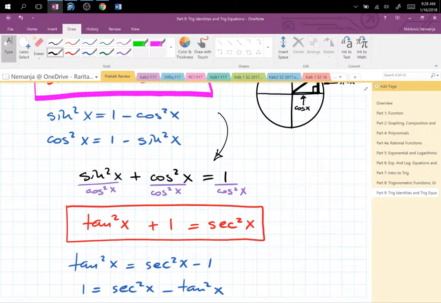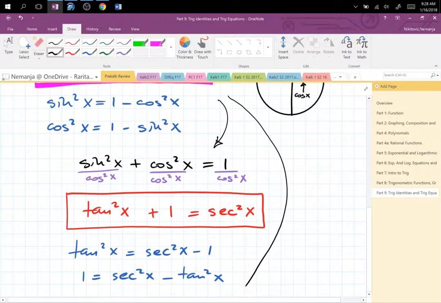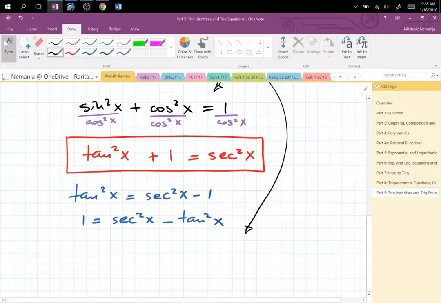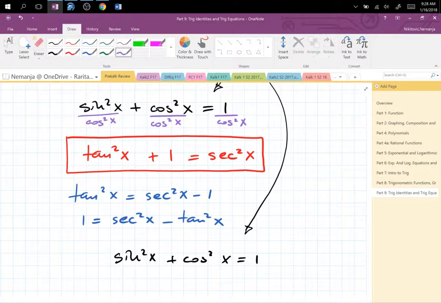And now we again go back to the original equation, write sine squared x plus cosine squared x equals 1 once again, but this time we divide by sine squared everywhere.